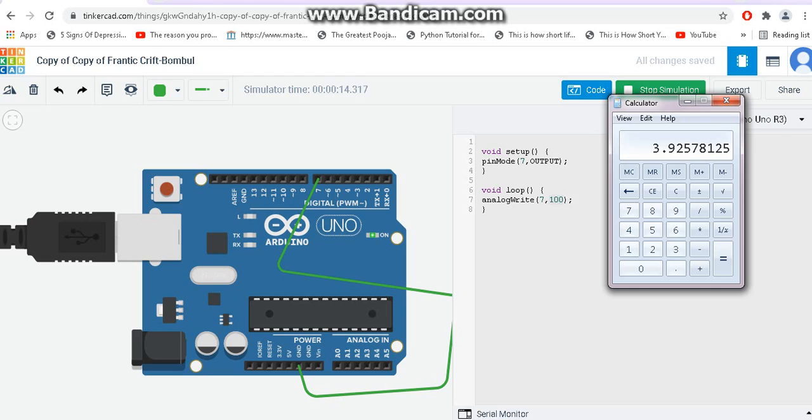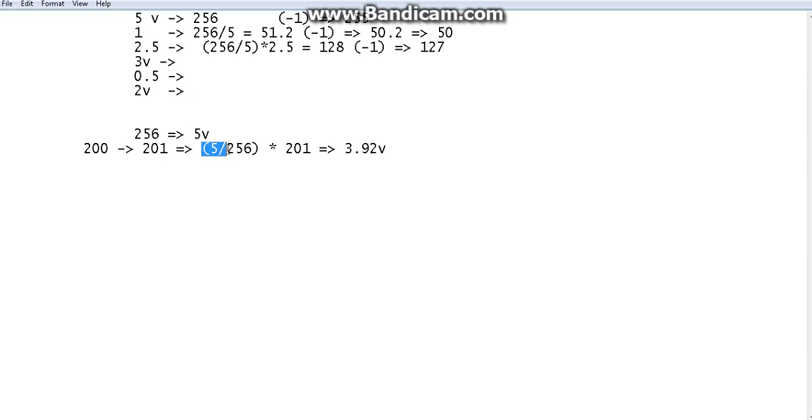So what is the equation, guys? I have to divide 5 by 256 and multiply it by 100, then I will get the particular voltage value. Actually I have to multiply it by 101, because when I say 100 as the output value, the number of units is actually 101 units, isn't it? You can understand this if you watch the previous video.